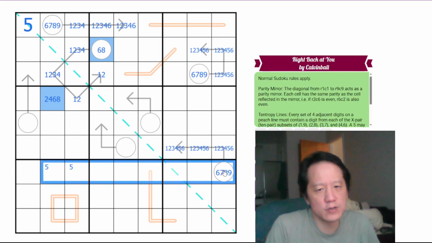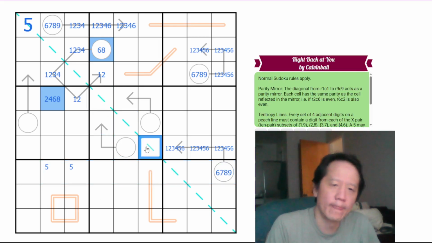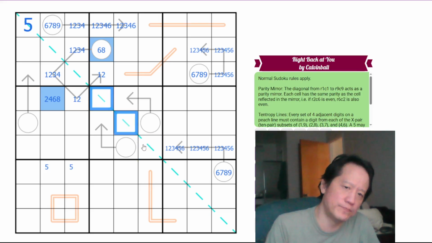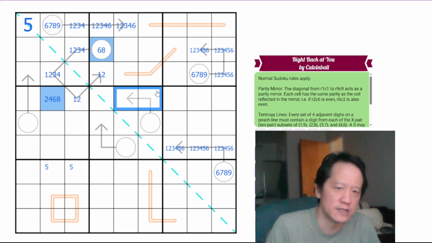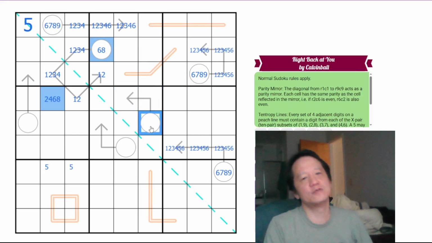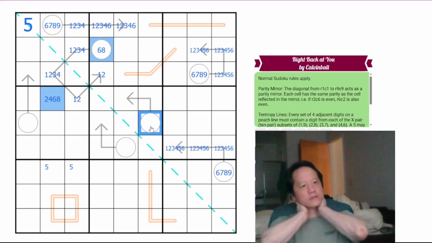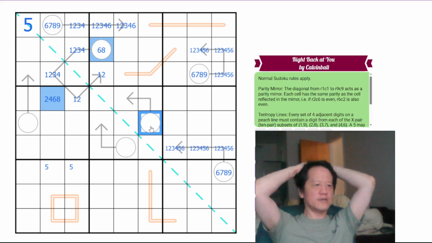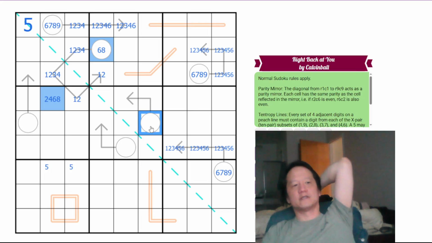Five cannot be here. This can't be all 3 odds here. Actually, that doesn't even work. You'd have to have 2 odds and an even add up. You can't have all 3 evens. I guess that's part of it.